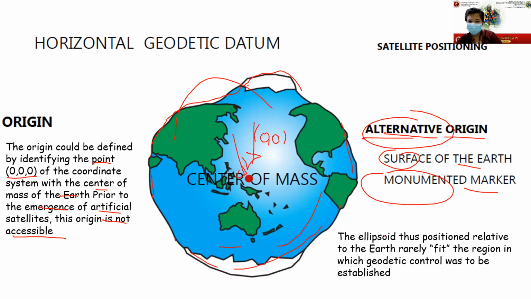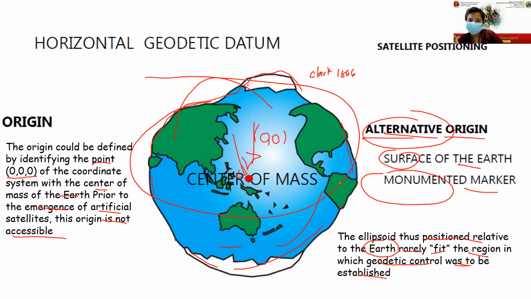So the ellipsoid that is positioned relative to the earth rarely fits the region in which geodetic control was to be established. So what does it mean? Let's say we are using this ellipsoid. Let's just imagine this is an ellipsoid. So let's say this is the Clarke 1866 ellipsoid.